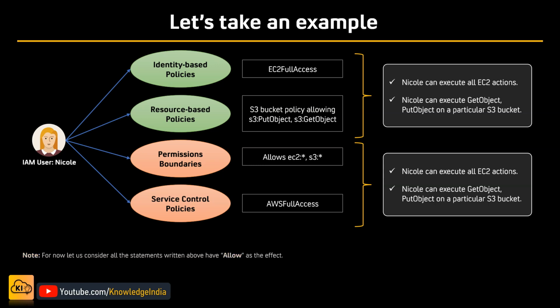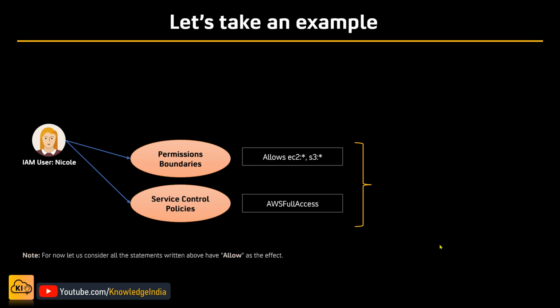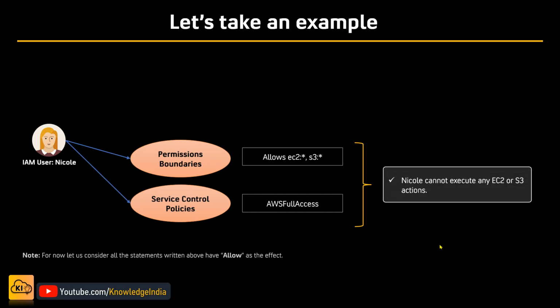So let's say I remove the identity-based policy and the resource-based policy which was there. I've removed those policies, but these two are still applicable. Can Nicole do something now? The answer is no. Nicole won't be able to execute any actions. Any EC2 or any S3 or any actions for that matter.